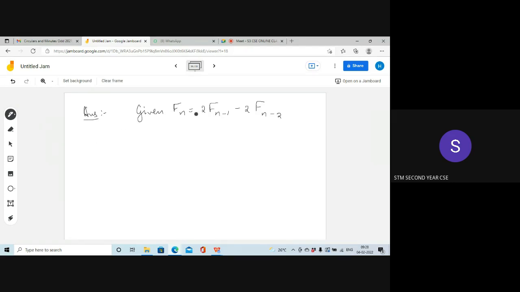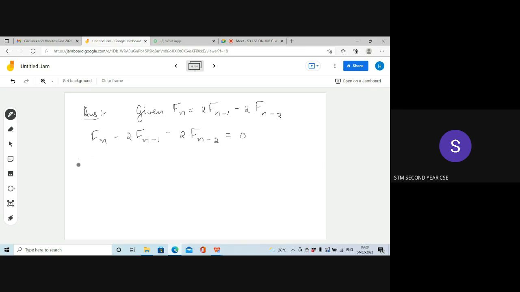Now, what are you going to do? Bring these terms to the left hand side: Fn - 2Fn-1 + 2Fn-2 = 0. Nothing is on the right, so this is a homogeneous recurrence relation. What is the order of this recurrence relation? Come on, fast. 2.